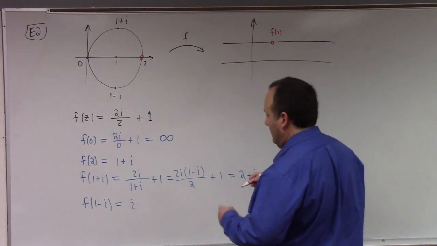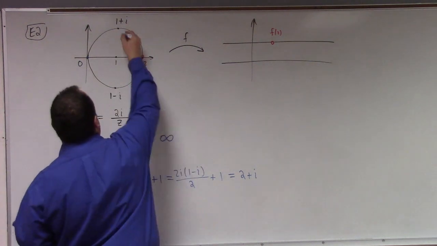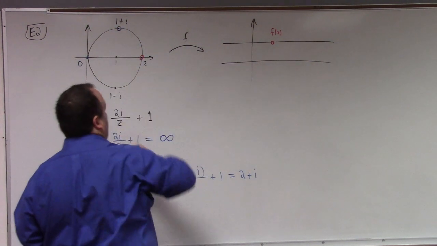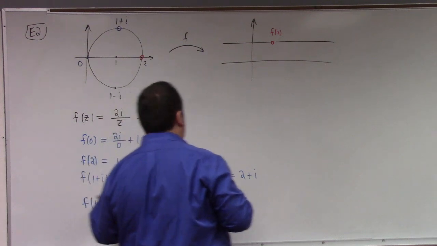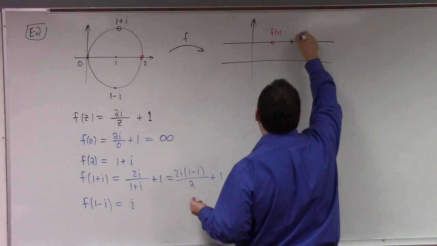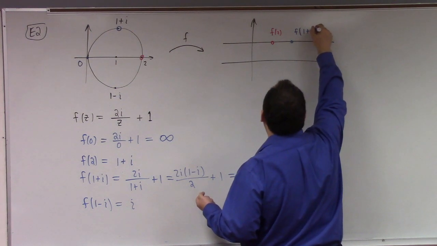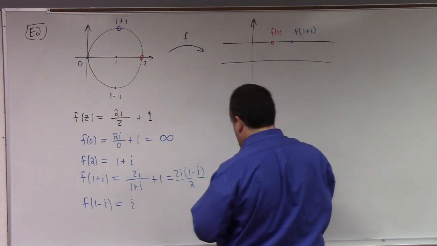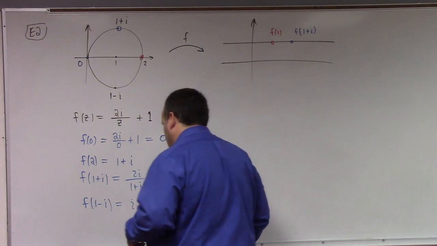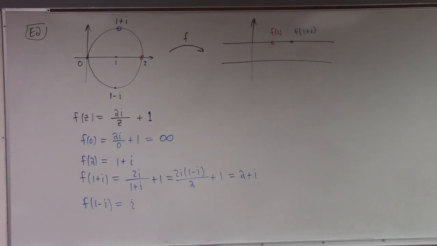And then f of 1 plus i, where did that go? 2 plus i, so that's over here. All right. And then f of 1 minus i, sorry I'm not going faster, this is as fast as I go today.